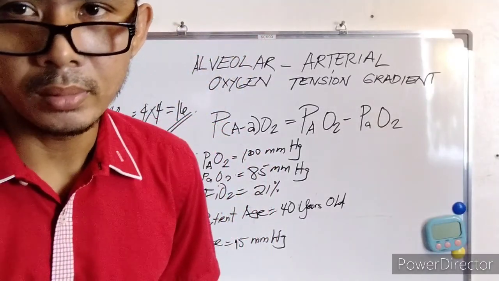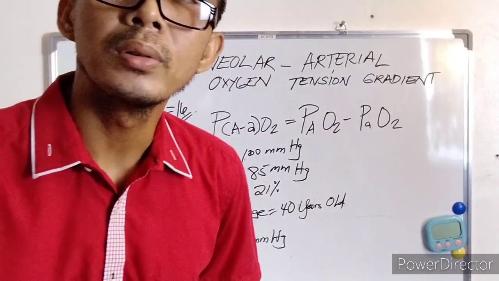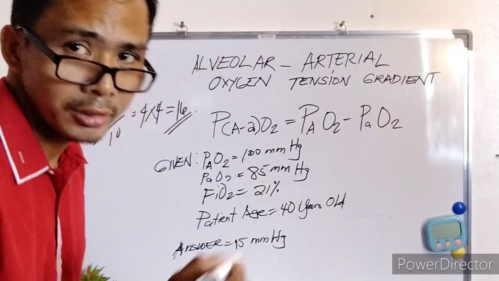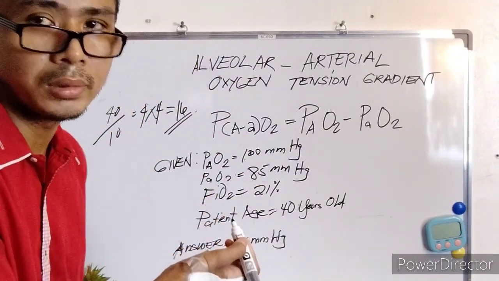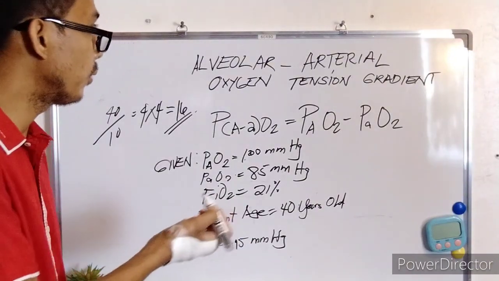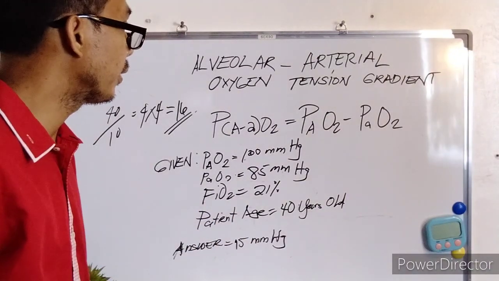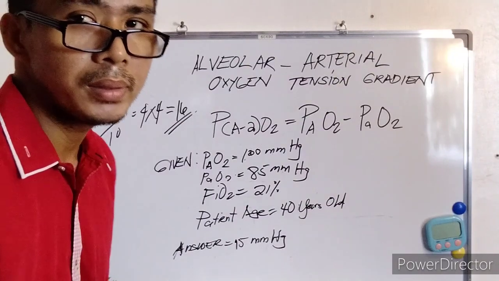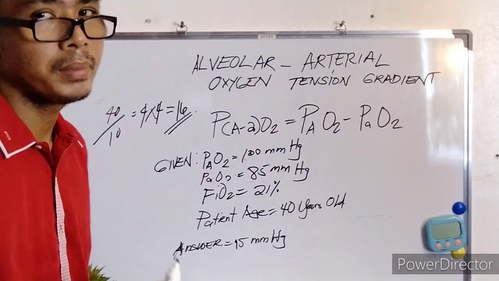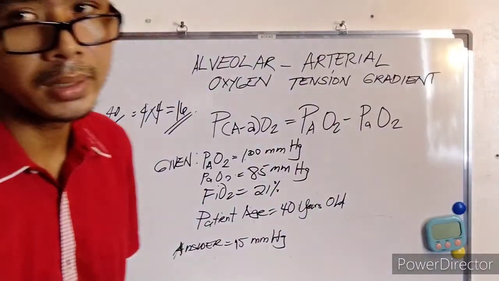Okay, as we go on with the equation, the formal equation, ito, sa whiteboard nakikita, I hope you can see it clear as water. So this is the formula for the alveolar arterial oxygen tension gradient. The formula is very simple, but be careful with case 1 and case 2.